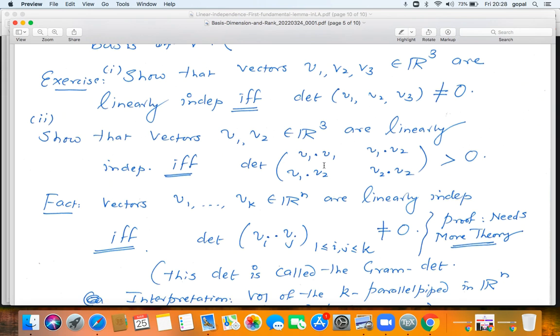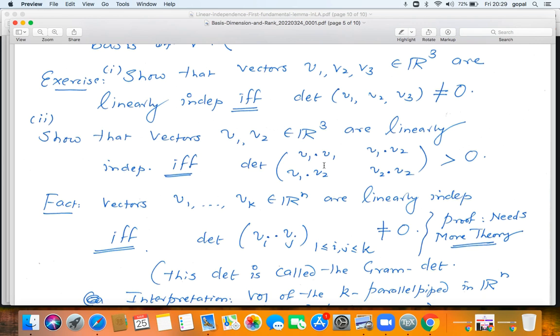Then the vectors will be linearly independent. If this determinant happens to be zero, then the vectors are linearly dependent. I repeat, if V1 and V2 are two vectors in R3, they are linearly independent if this determinant is positive. They'll be linearly dependent if this determinant is zero.